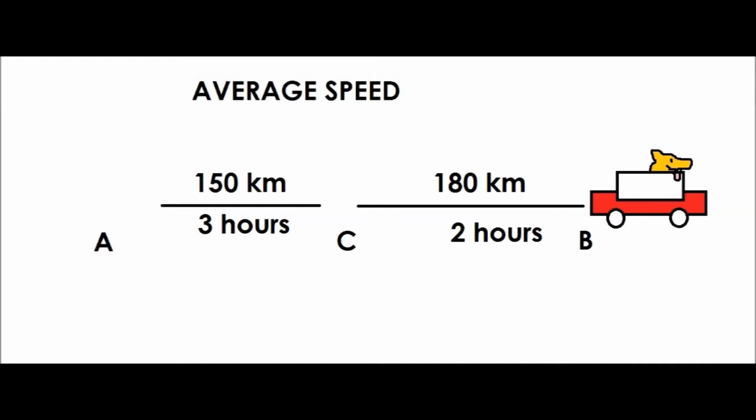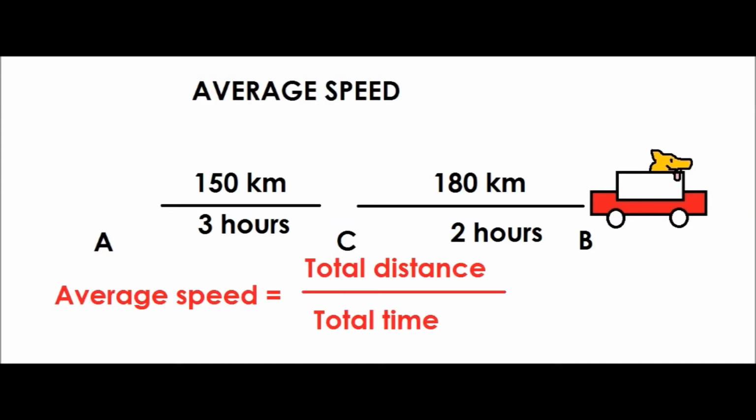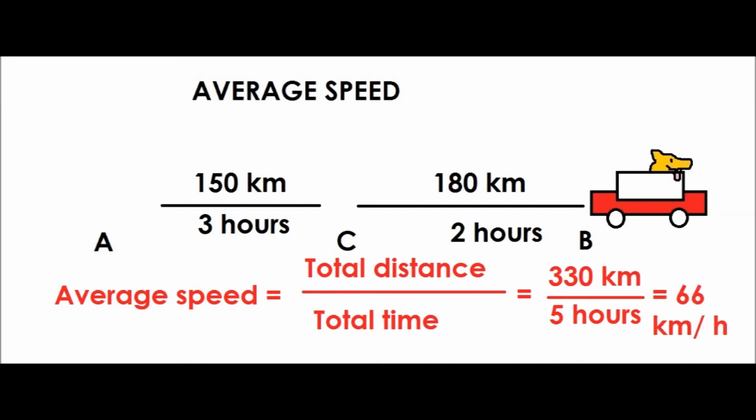So the average speed will be the total distance divided by the total time. We know that the total distance will be 150 plus 180, 330 kilometers. And the total time will be 3 hours plus 2 hours, 5 hours. So the average speed will be 330 divided by 5, which is 66 km per hour.